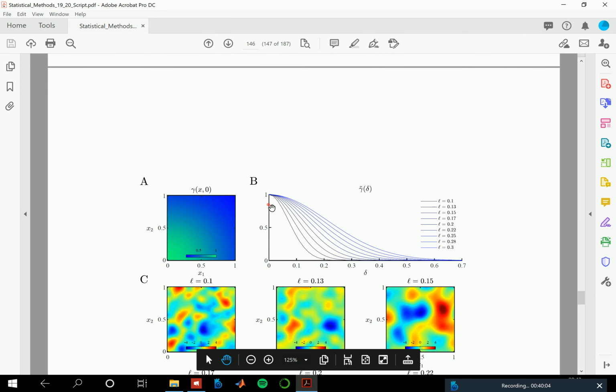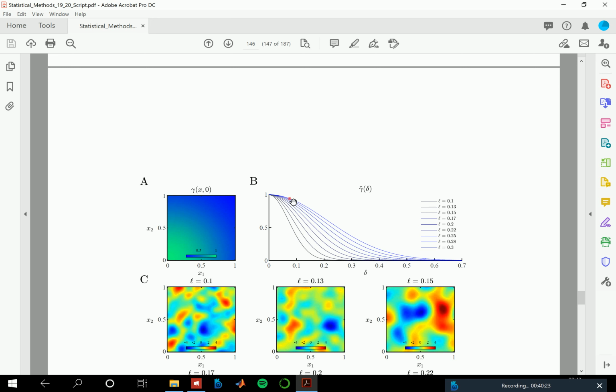What you see here is plotted the covariation as a distance function. So 0 is any location in the random field, and this plots the covariance as you go away from this location for different parameters. Yeah?